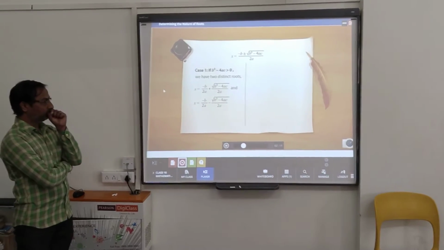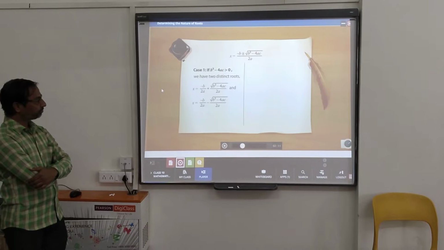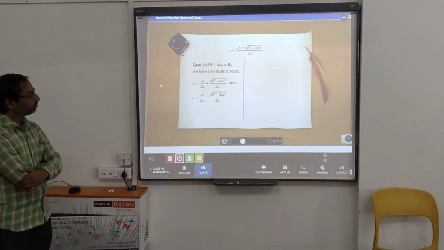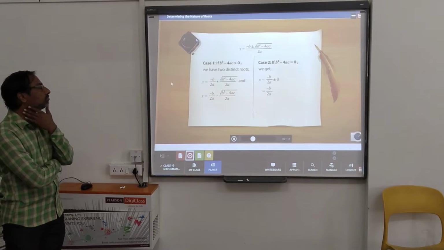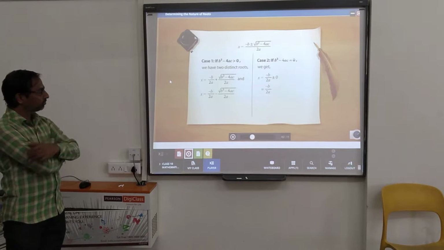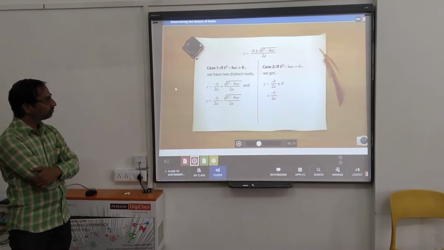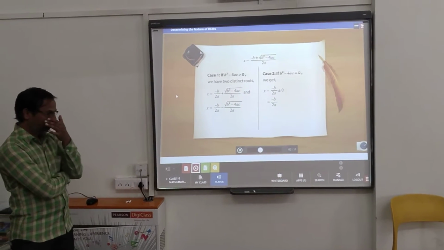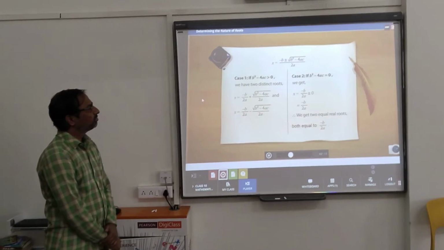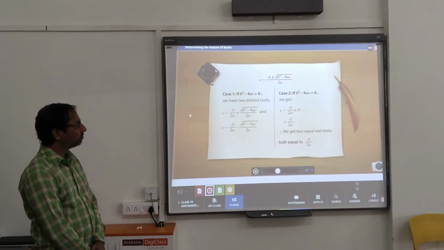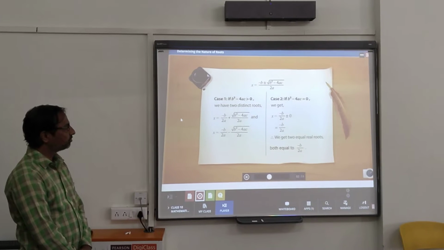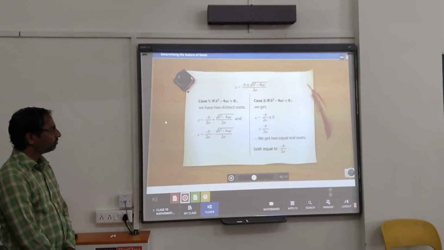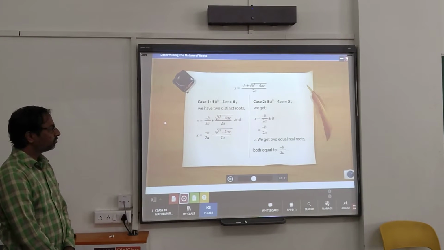Let's see what happens when b square minus 4ac is equal to 0. When b square minus 4ac is 0, we have x is equal to minus b upon 2a. So both the roots of the quadratic equation are equal and real and equal to minus b upon 2a.